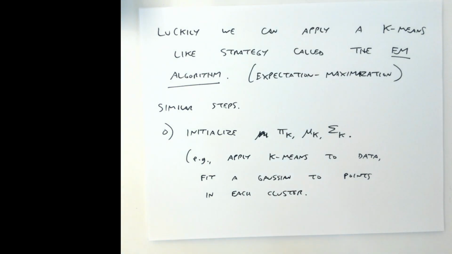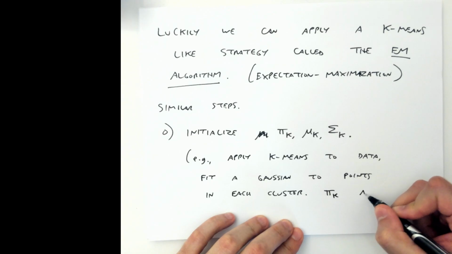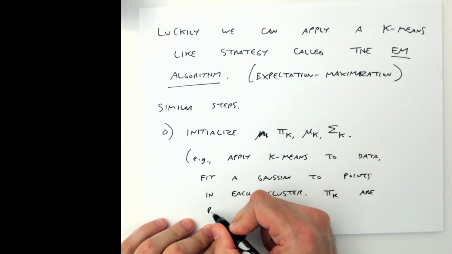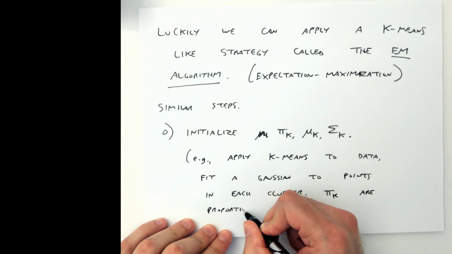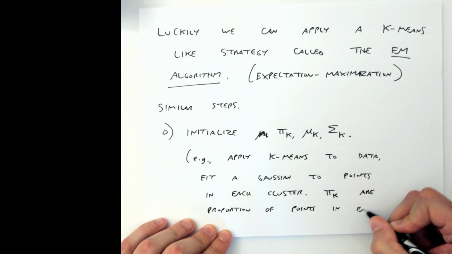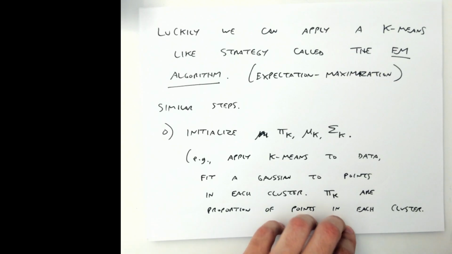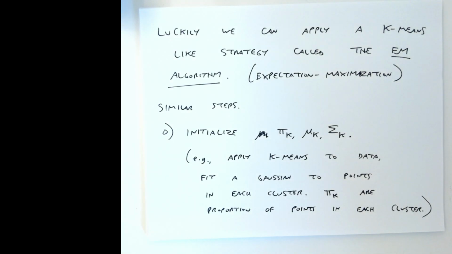That gives me the mu's and the sigmas, and the pi's, which are the proportions of points in each cluster. I can just measure those from how much data ended up in each cluster. So that's an easy way to start off.